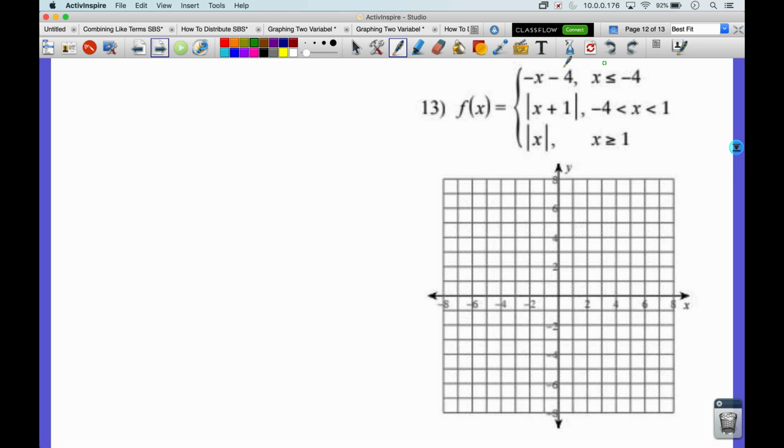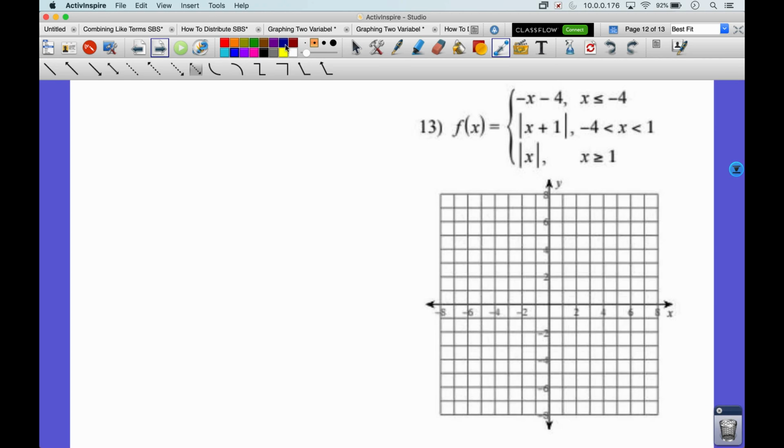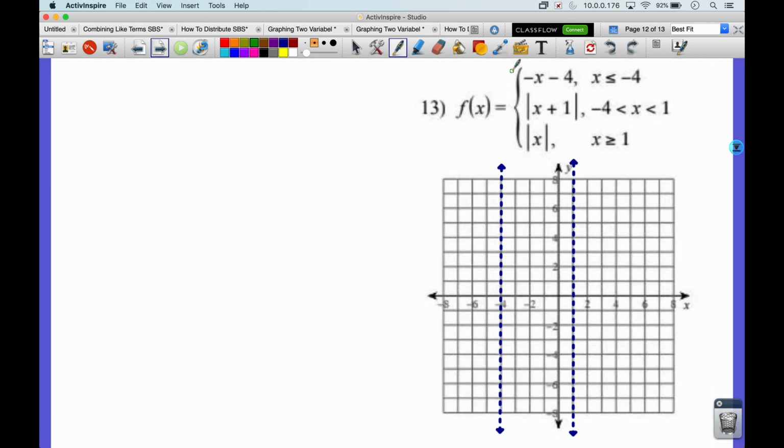So first, look at the transition values. We're transitioning at -4 and 1. Let's add in those vertical dotted lines at -4 and 1. All right, and now left to right, top to bottom, or top to bottom, left to right. So let's take this first one out. That is just the line y equals -x minus 4.